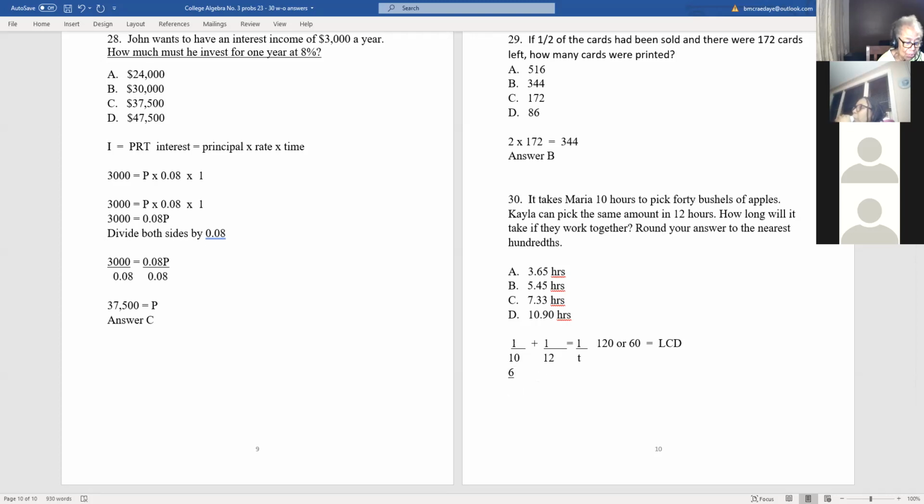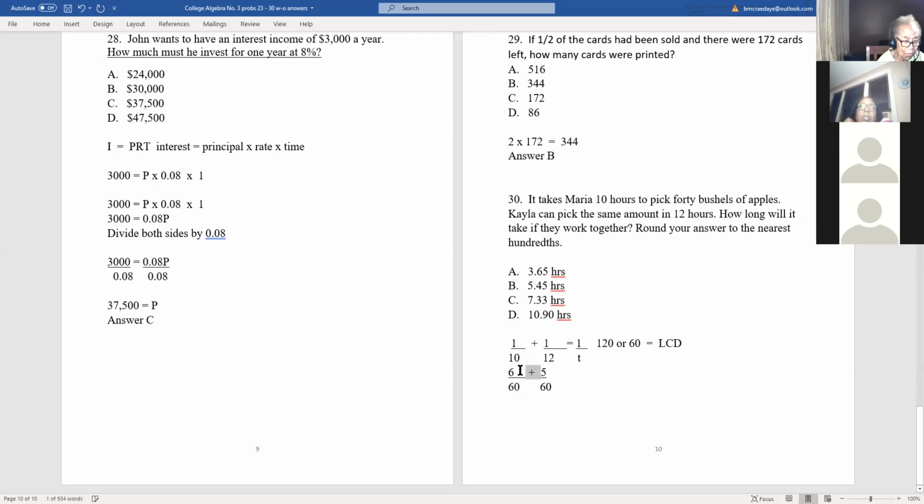Plus 5 over 60, sorry. 5/60, that's right, because 5 times 1 is 5 and 5 times 12 is 60. Then you can add them together if you have them over the same denominator, right? You can't add fractions unless your denominators are the same.